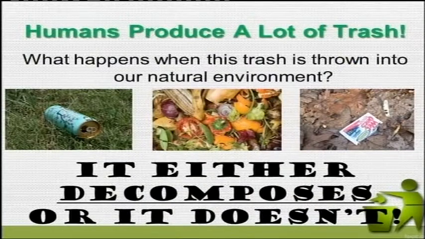As we know, humans produce a lot of trash. Just think of this table right here, all of the plastic bottles, all of the paper. Where does this go? But what happens when this trash is thrown into our natural environment? Damage. How? The chemicals from the substance, and it will affect the trees.